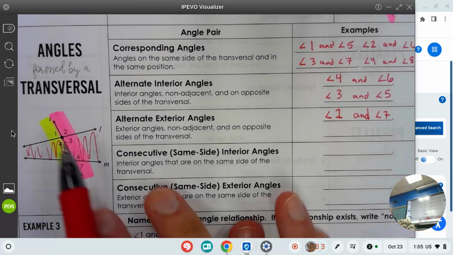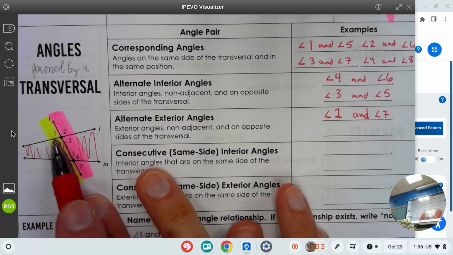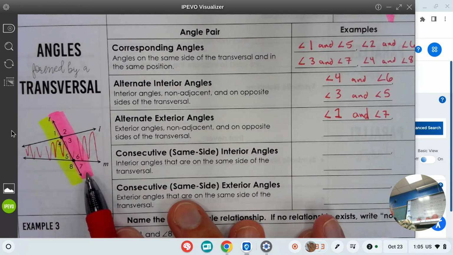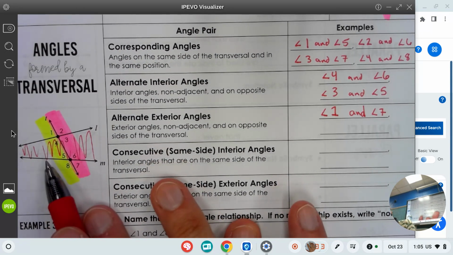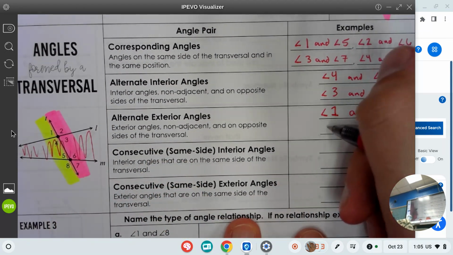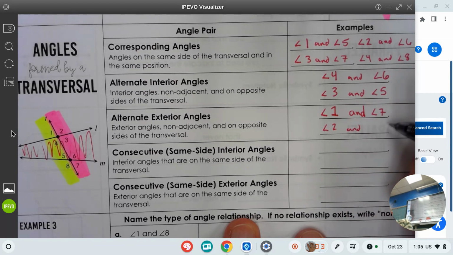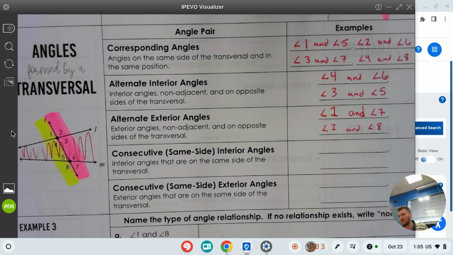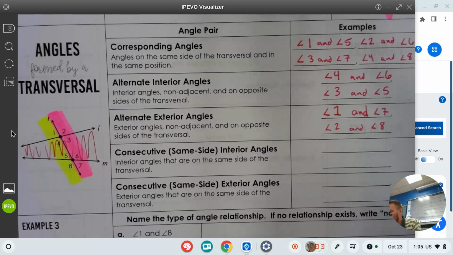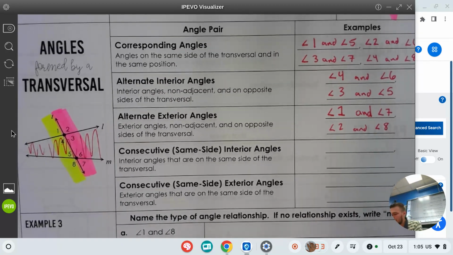Has to be 7 because we got to go all the way to the outside and stay exterior, one from the yellow, one from the pink, and then of course angle 2 and angle 8. We're getting to the point where we should be speeding up, we should be feeling a little bit better about this. Angle 1 and angle 7, angle 2 and angle 8.